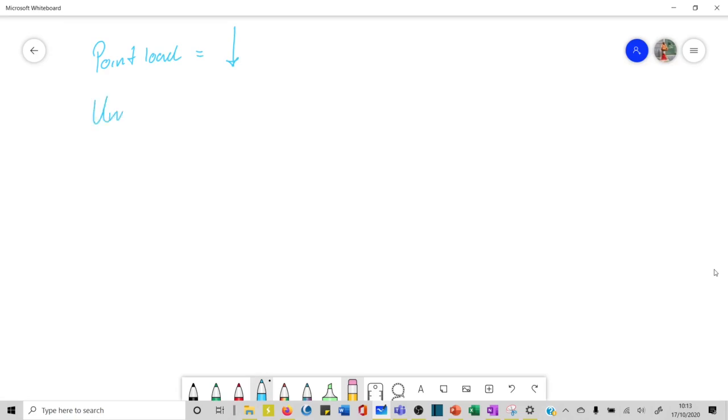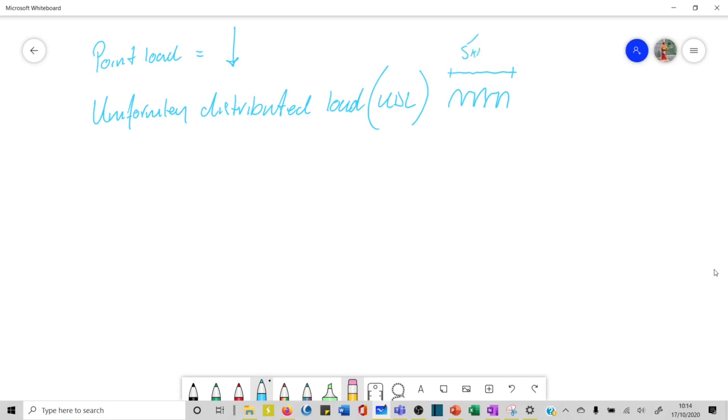And then uniformly distributed load, which is always known as UDL, because it's a lot quicker, and that is that symbol there, and it'll give you something like 5 kilonewtons per meter, and you'll see that on a beam like that.